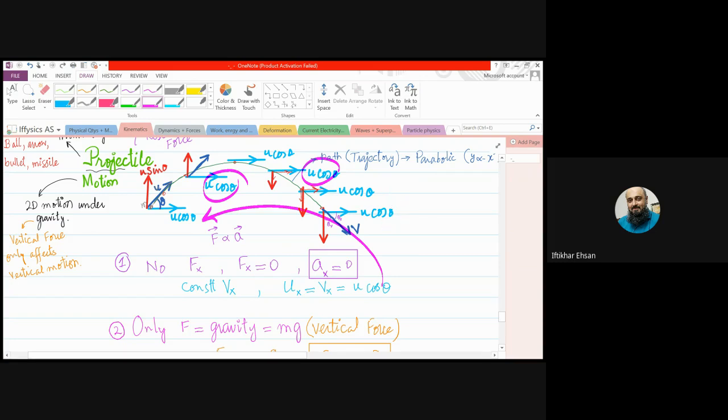So the first point: there is no horizontal force acting on it, so there is no horizontal acceleration. Numerically, we will be using ax equal to zero. Logically, it means there is no change in horizontal velocity; the initial and final horizontal components are equal to u cos theta.